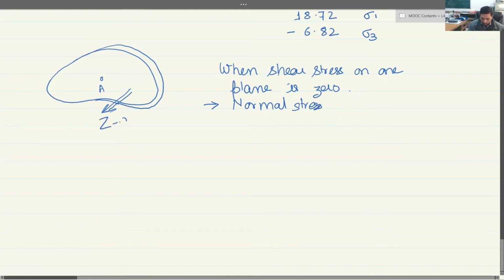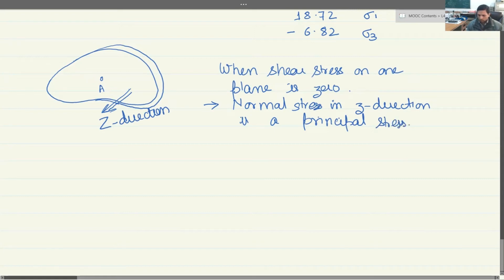So let's say this is Z direction. So normal stress in the Z direction is a principal stress. The other two principal stresses lie in this plane. So this is a plane, this whole plane.